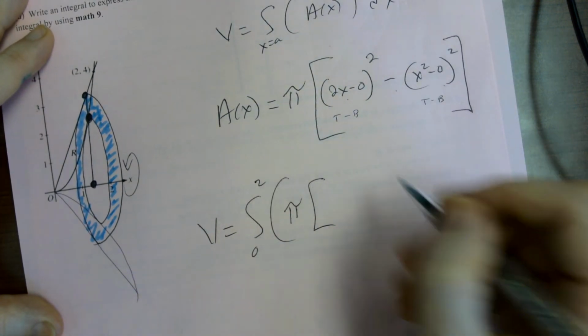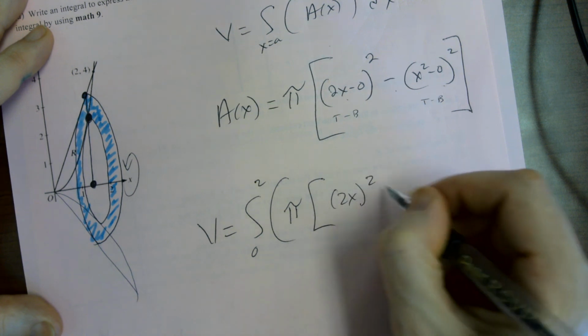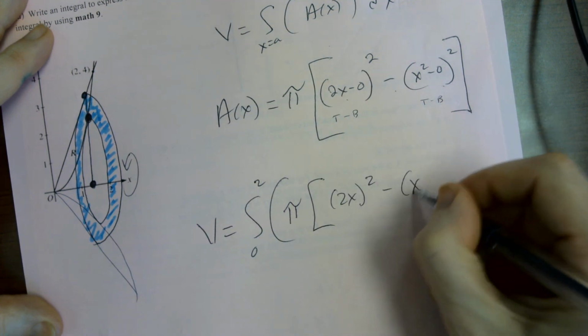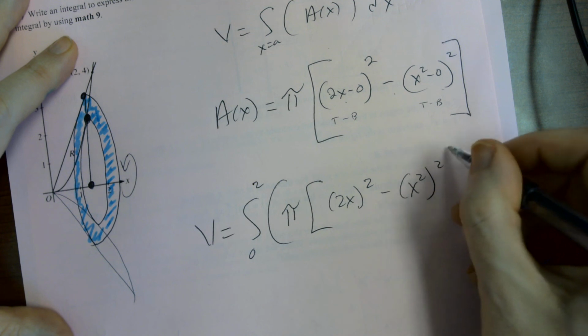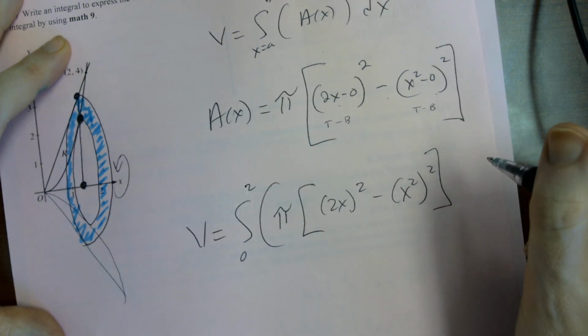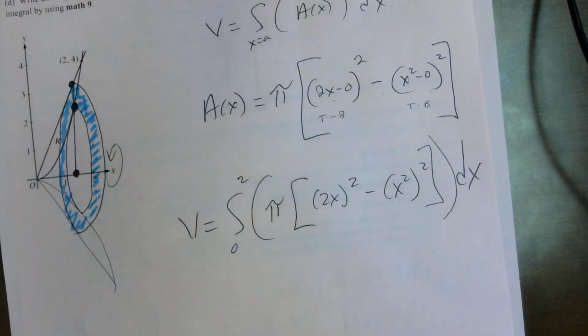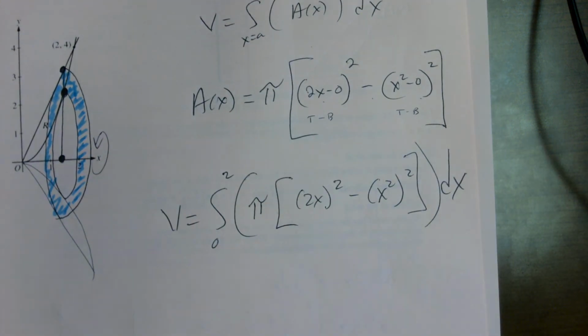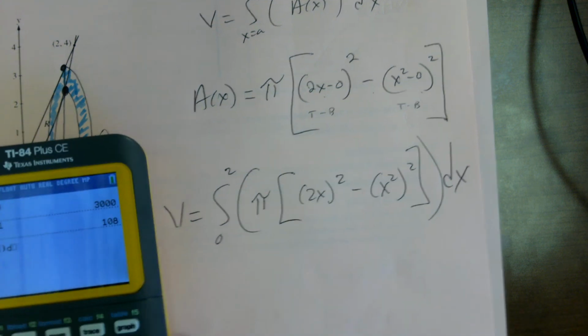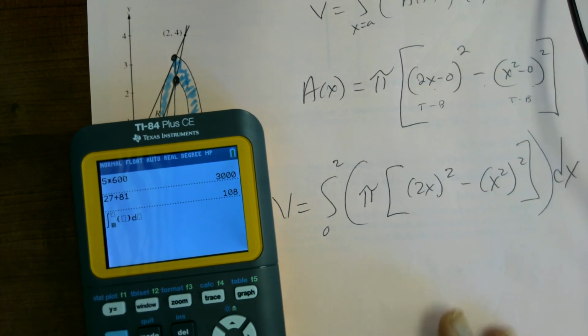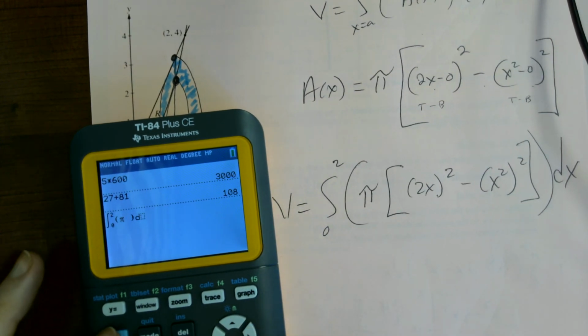Pi times 2x squared minus x squared, squared, dx. Now they said to use Math 9, so I'm just going to use Math 9, from 0 to 2, pi.